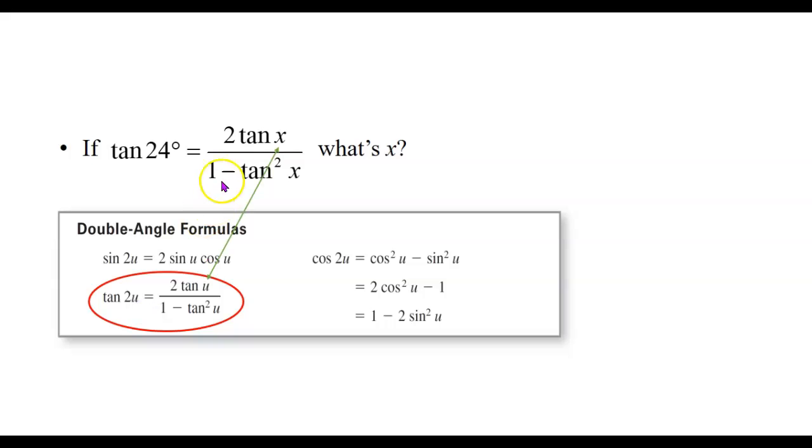So the x is in the position of just u, and the 24 degrees is in the position of 2u. So if 2u is 24 degrees, what's u? 2u is 24 degrees, so u would be 12 degrees, and that's what x is. So what's x? It's 12 degrees.